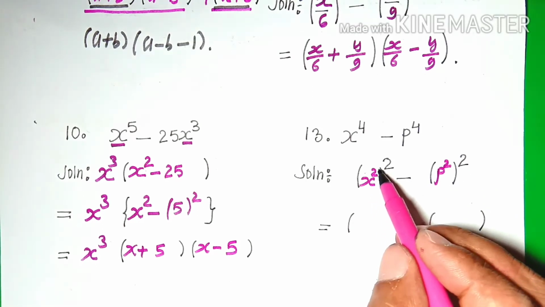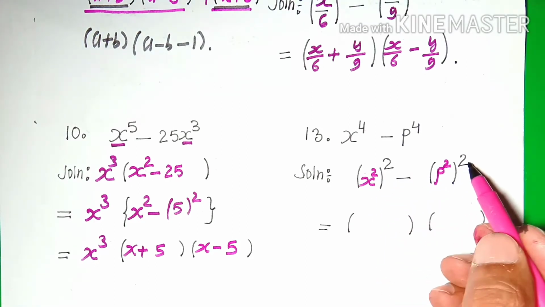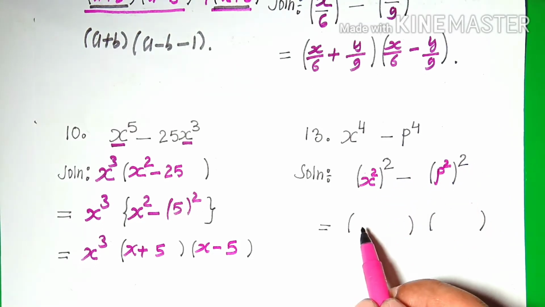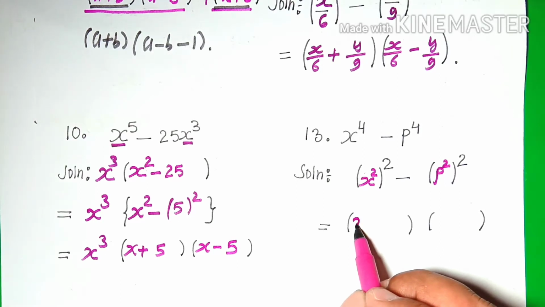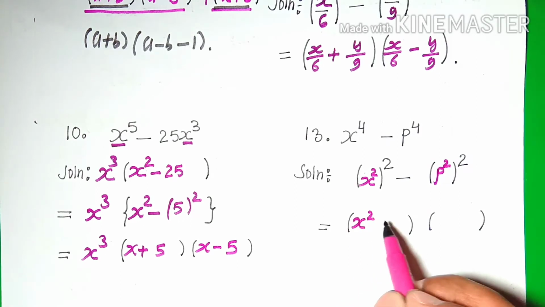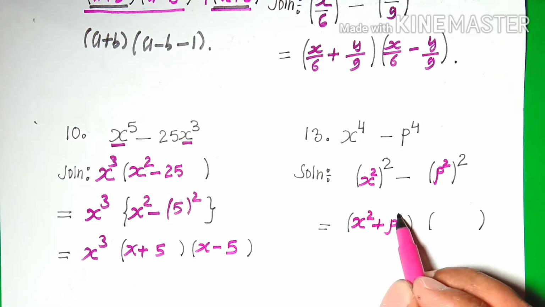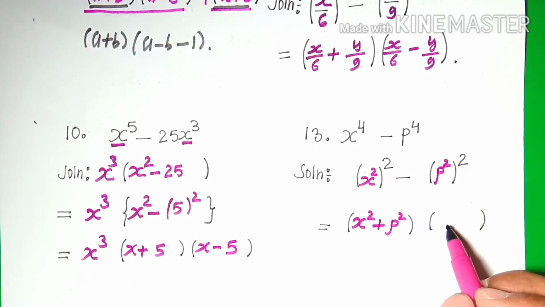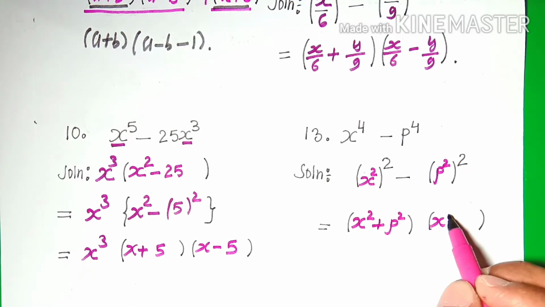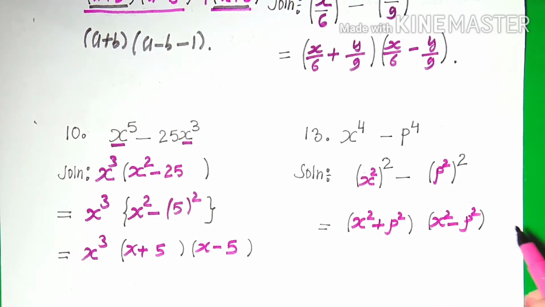I've got a square minus b square, and that can be taken as a plus b into a minus b. A means x square plus b means p square. Again this can be taken as a minus b, x square minus p square.